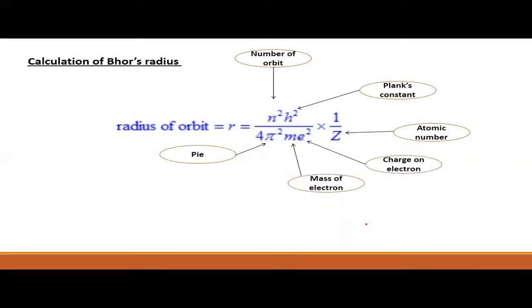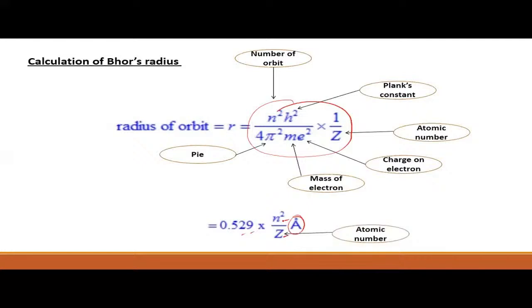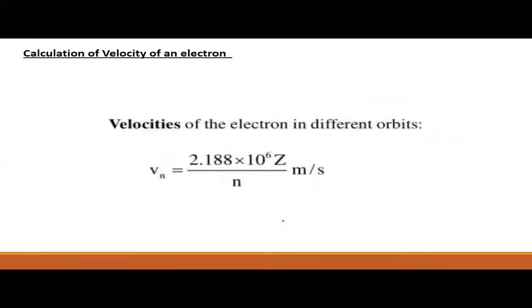When we calculate this whole part, the value comes to be 0.529 n square upon Z angstrom. Here Z is atomic number, n is number of orbit or energy level. Okay. So, calculation of velocity of an electron.